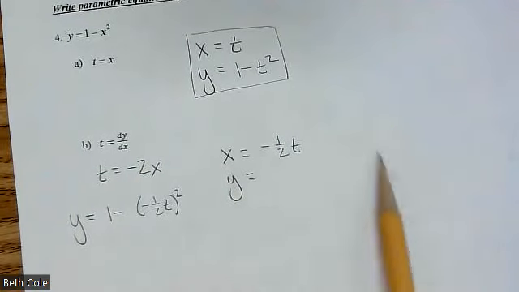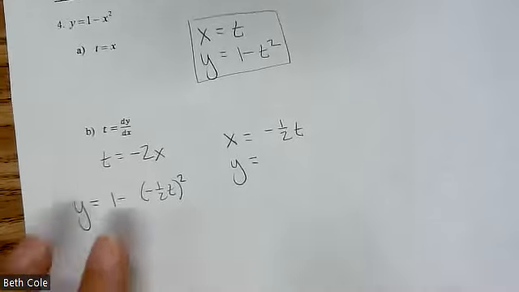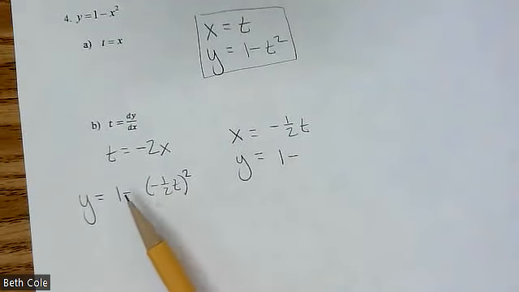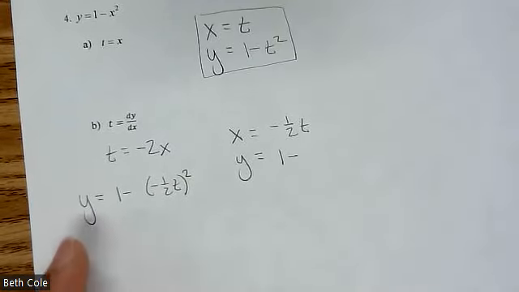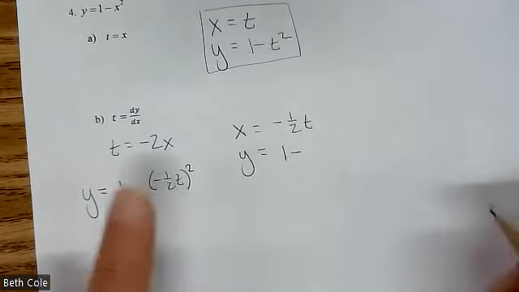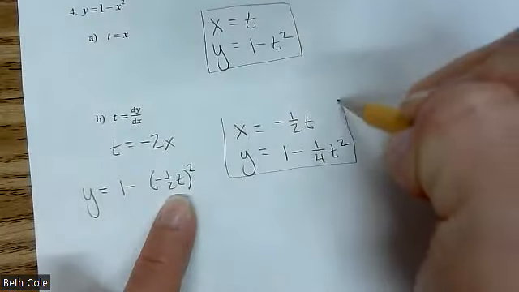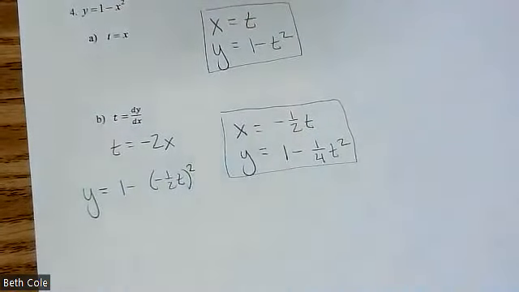I just wanted to put a box around the answer, nice and neat. So it'll be 1 minus, and if you square a negative, it's going to be positive, but it's still subtraction because it's 1 minus. If you square all this stuff, what will you get? Good, 1/4 t squared. So if it says to write the parametric equations, you need an x equals and a y equals.